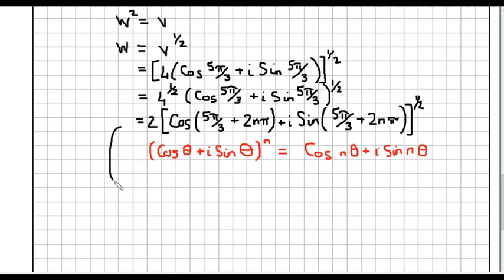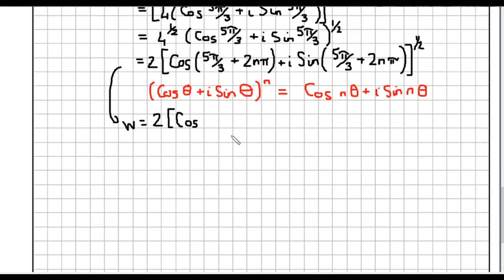So w is going to equal twice, so we're going to multiply the power by the angle. When we multiply this by a half, it's going to become the following. When you multiply that fraction by a half, you just multiply its denominator by 2.